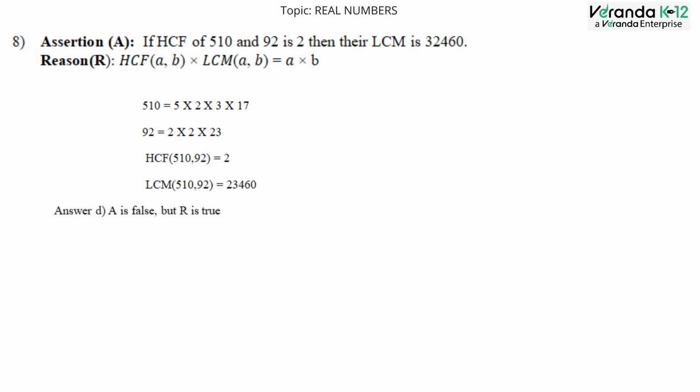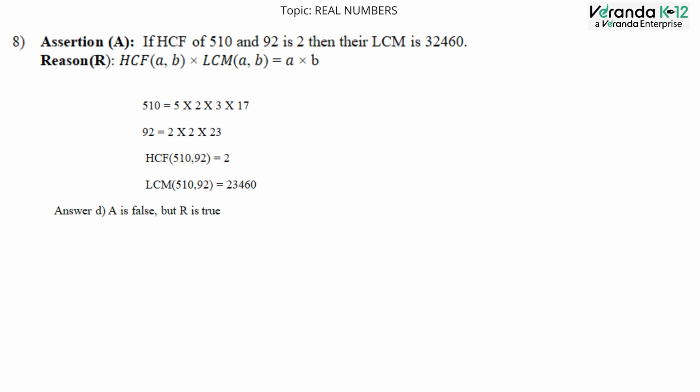Finding the HCF of 510 and 92, we get 2. So, that is correct. Now, find LCM. LCM of 510 and 92 is 23,460, but the given LCM is 32,460, which is wrong. From this, we can say that assertion is false.